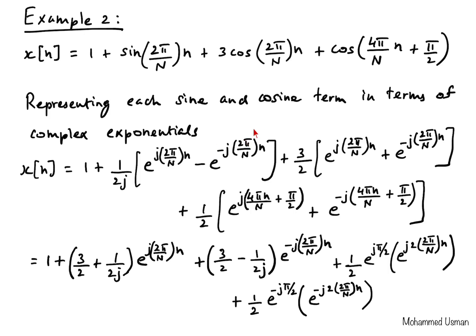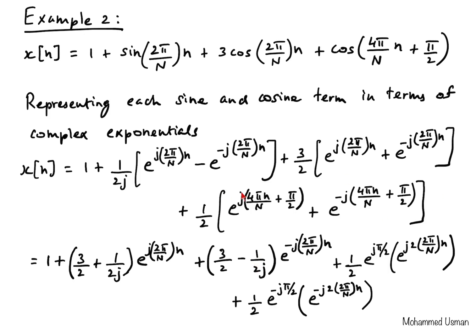Similarly, e power minus j 2 pi by N has a multiplying factor of 1 by 2j, which is minus 1 by 2j because there's a minus here, and in this term it is plus 3 by 2. So for this term, e power minus j 2 pi by N times n, the multiplying factor is 3 by 2 minus 1 by 2j.